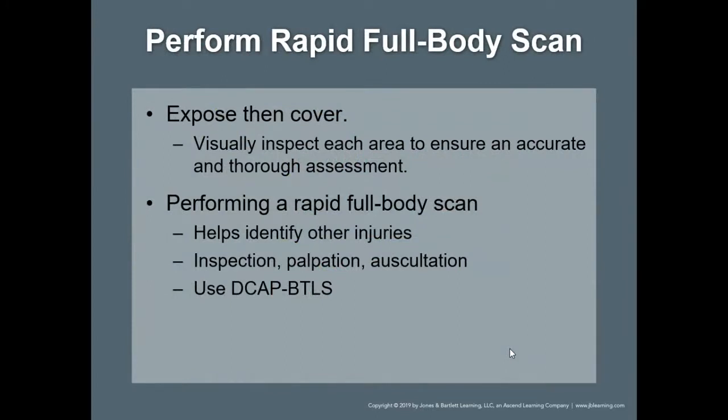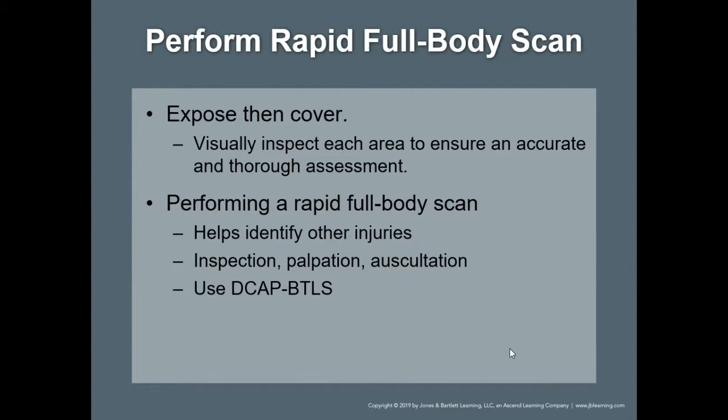Now, once you've completed your airway, breathing, circulation, and disability, next phase is rapid scan. Perform a rapid full body scan. So after your ABCs and you know what your patient's LOC is, and you know their GCS, you should know at this point if you need to do a rapid scan or you need to do a focused assessment on the patient.